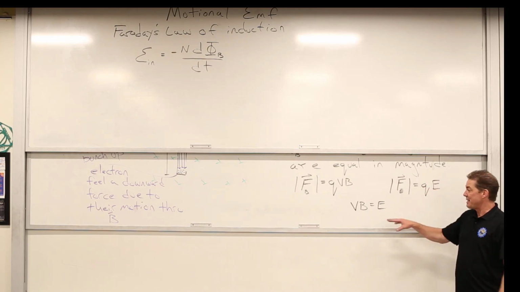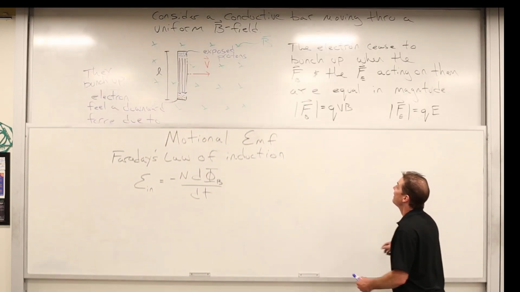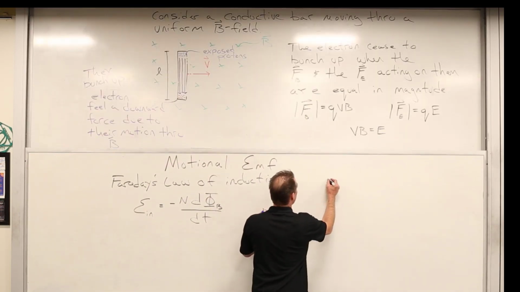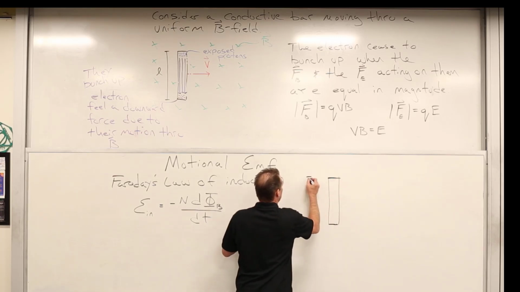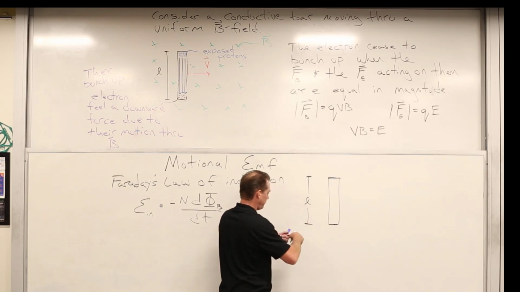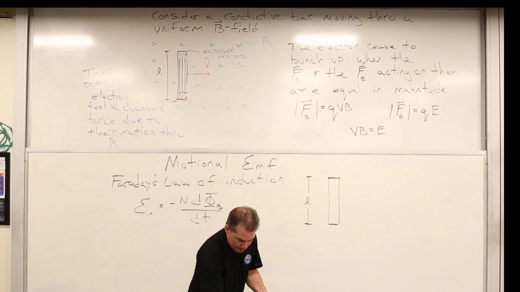But there's more to this than just this. Because we can take this bar that now has this charge separation in it, has a length L, electrons down at the bottom, and our protons up at the top.